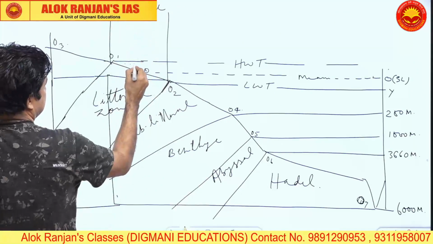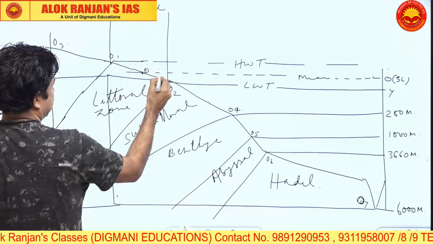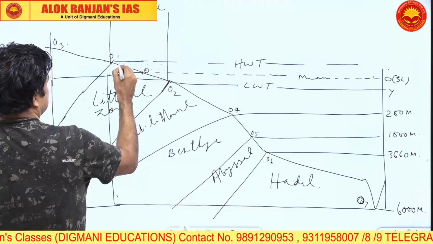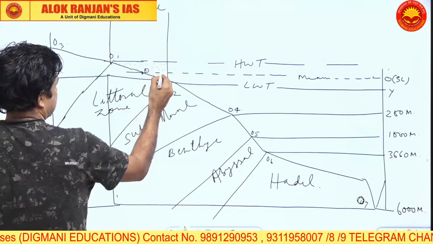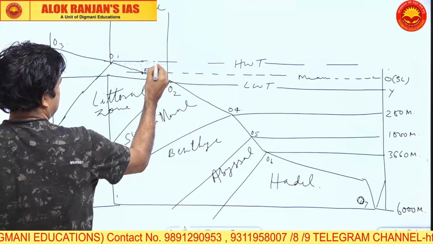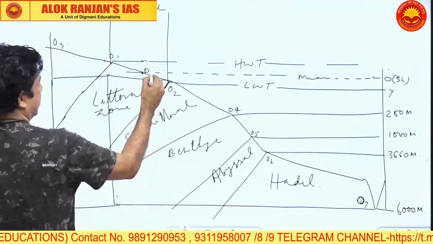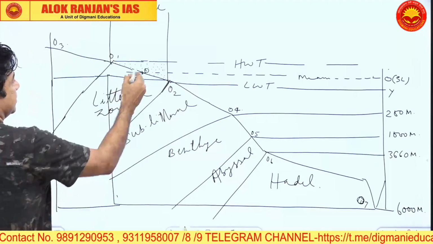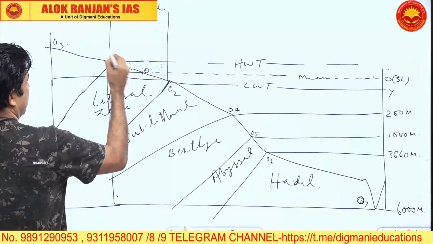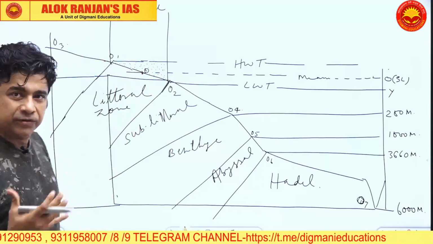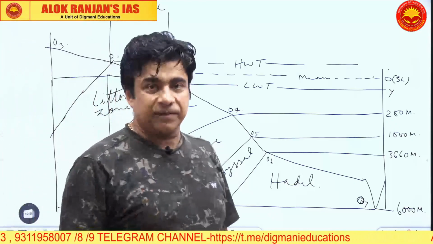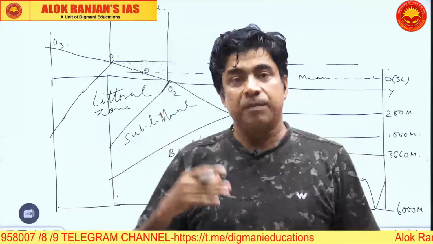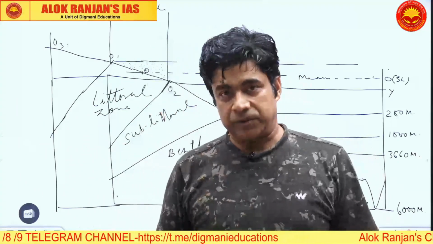So these waters, look at these dotted lines. This is going to be tricky. You can get stuck, so just concentrate a little more. So this is your dotted zone. This is the littoral zone. Now in this classification we are talking about the bioecological zones of the ocean.